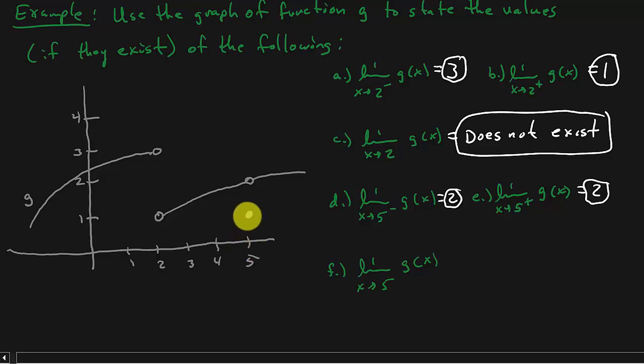So as we get closer and closer to 5, y is getting closer and closer to 2 from the left and the right. And so now if we want the limit of g of x as x approaches 5, well, you can see the limit from the left and the limit from the right are the same. And so the limit as x approaches 5 would be 2.